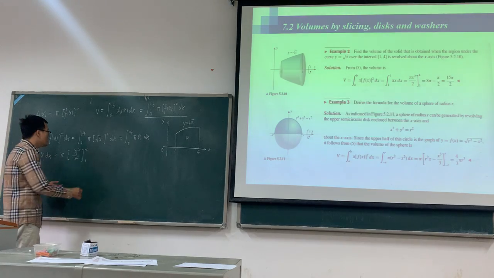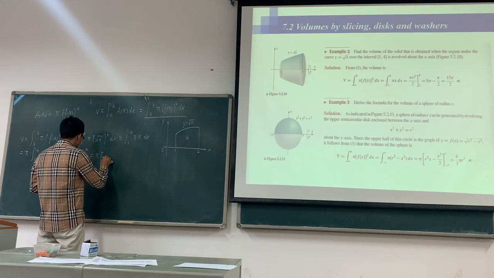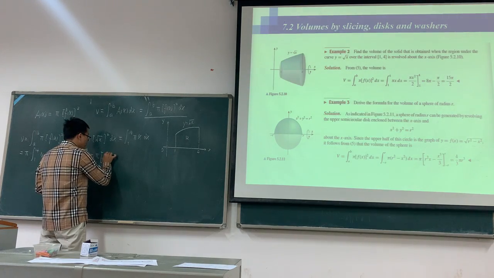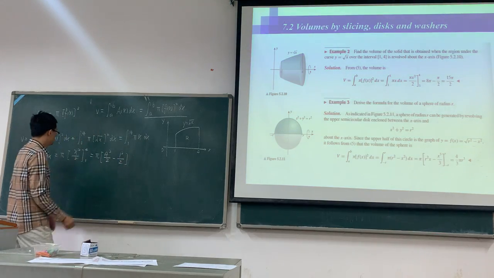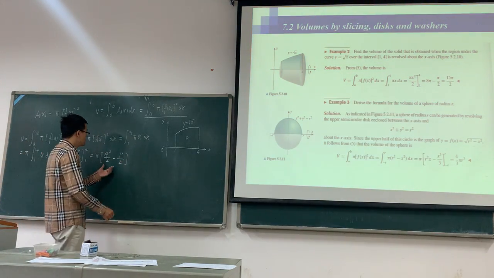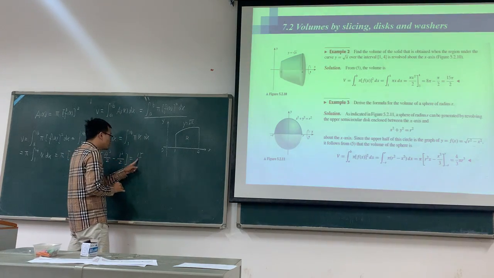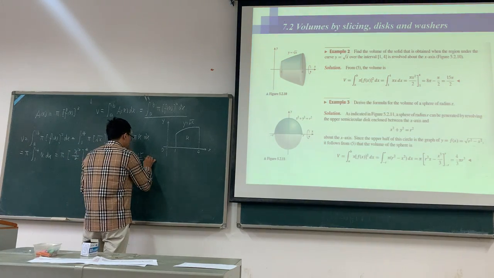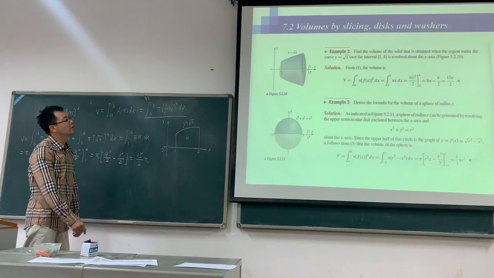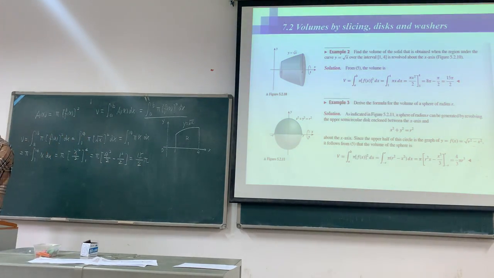So this equals pi times (4 squared over 2 minus 1 squared over 2), which is 16 minus 1, so 15 over 2. So 15 by 2 pi. This is the result for the first part.